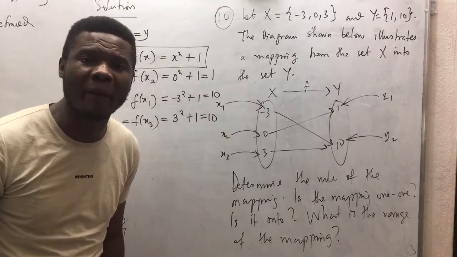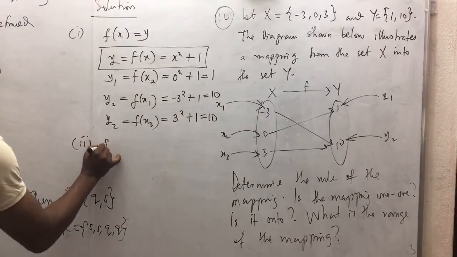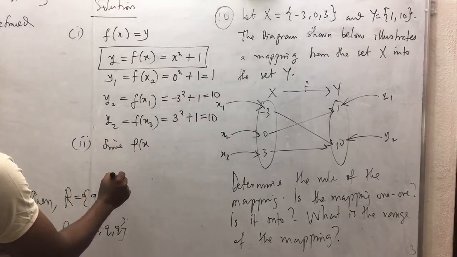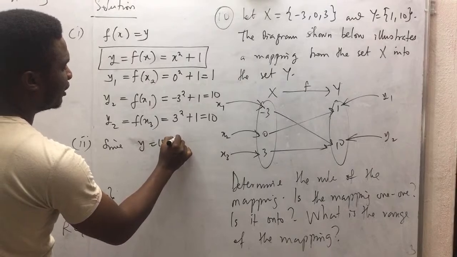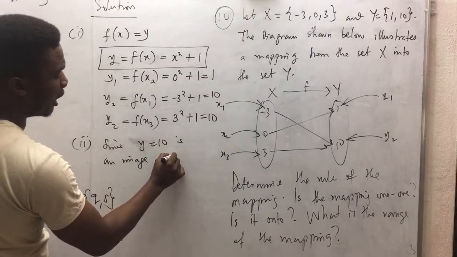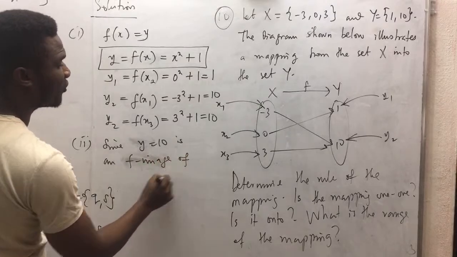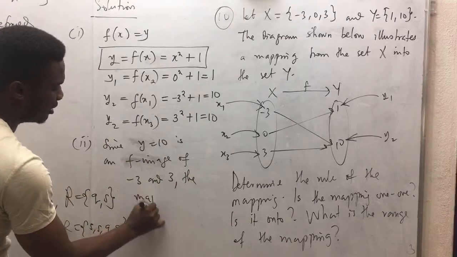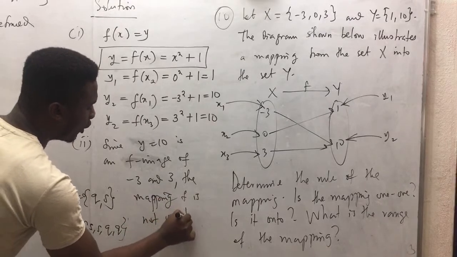Mappings that are called 1-to-1 mappings do not share images. So, simply put, since f of x, that was since y equals 10, is an image of minus 3 and 3, the mapping f is not 1-to-1.